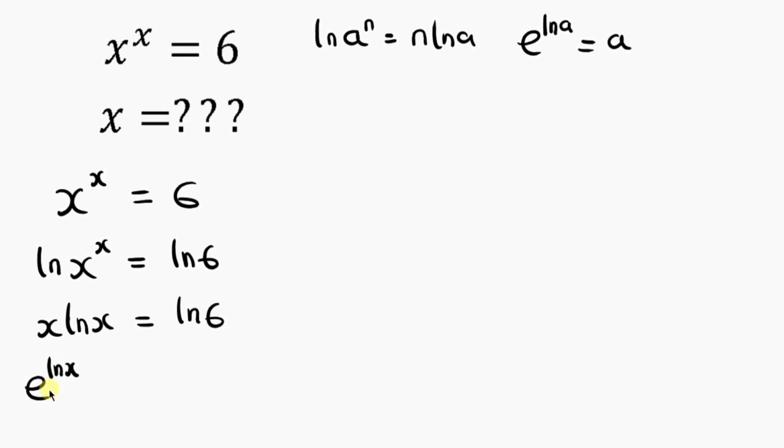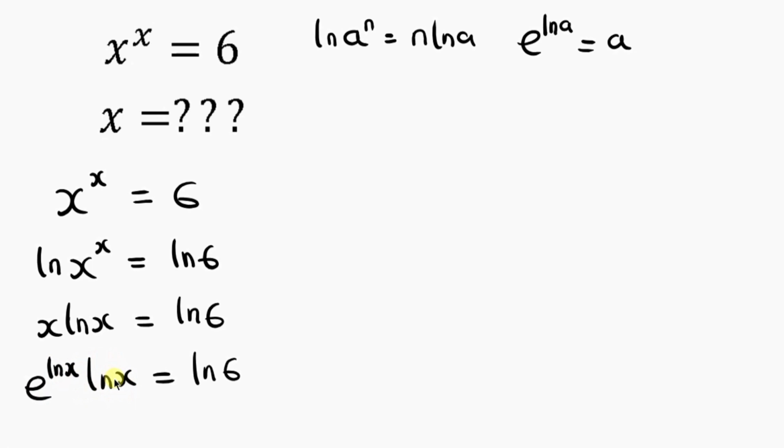It is valid. Now I'm going to be writing the natural log of x equal to what I have on the right-hand side, which is the natural log of 6. Now, watch what is going to happen. I'm going to be switching the position of the exponential of the natural log of x and the natural log of x.